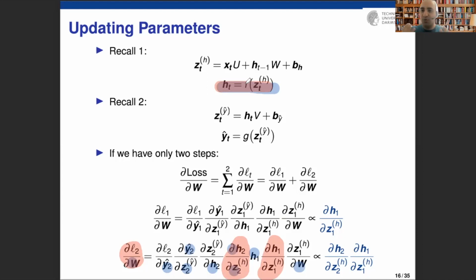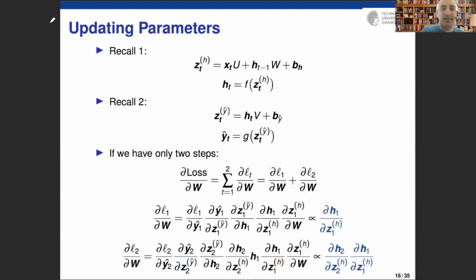So it gets worse. If here we only rely on one derivative, here we rely on two derivatives of this activation function. And since we multiply them, this can yield problems in computer science, right?